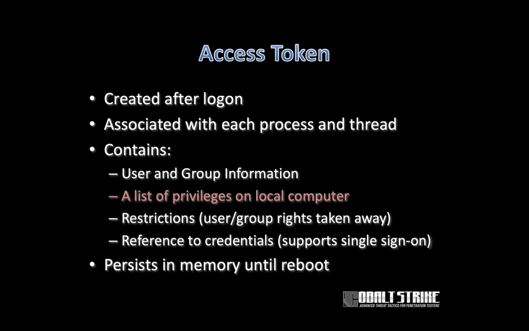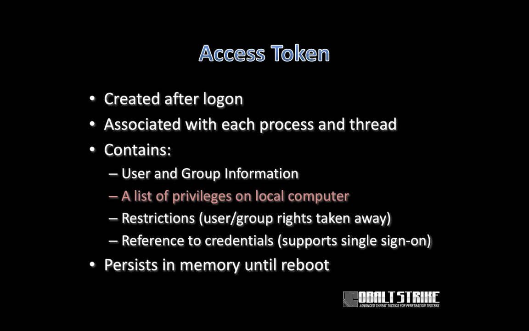Access tokens happen to identify with a certain user and groups. They also may include restrictions, things that the current token can't do, even though that user or group may be able to do those things by default. Access tokens also have a reference to something called a logon session that contains the credentials that will authenticate you to a remote resource on the network.